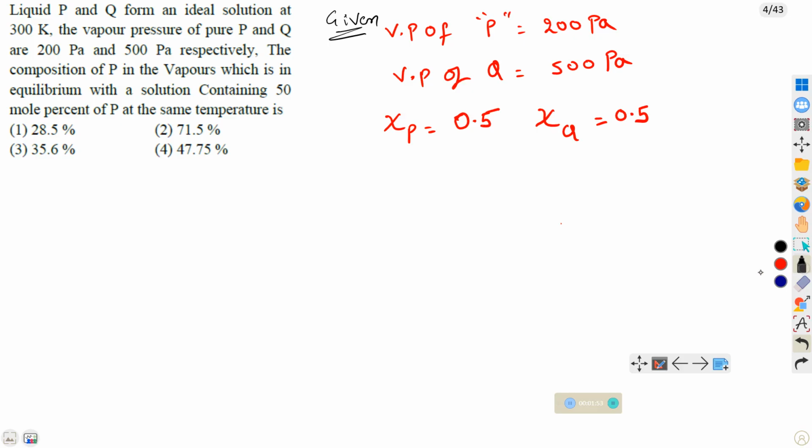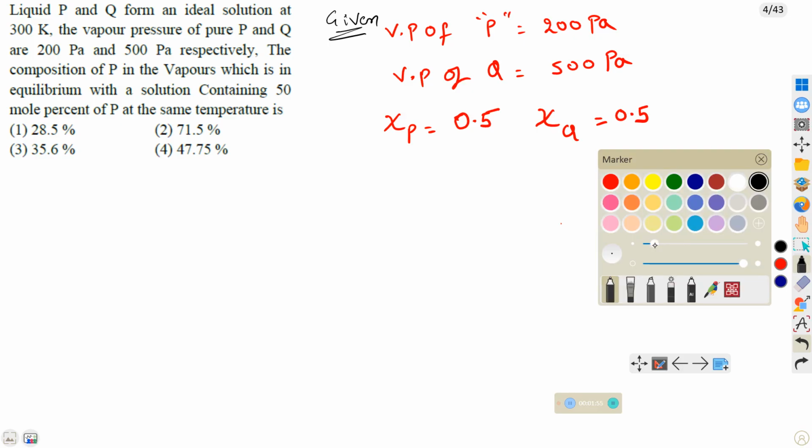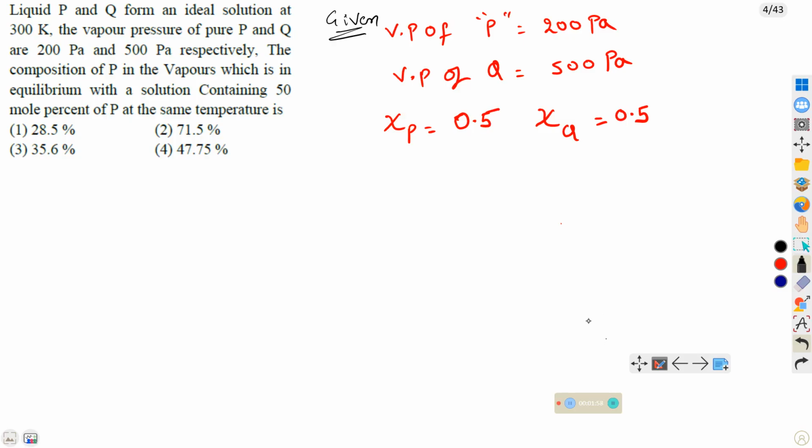The composition of P in vapors which is in equilibrium with a solution containing 50 mole percent of P at the same temperature. 50 mole percent means mole fraction of P is taken as 0.5 and mole fraction of Q is also 0.5. By using the given data, calculate the partial pressure of P.